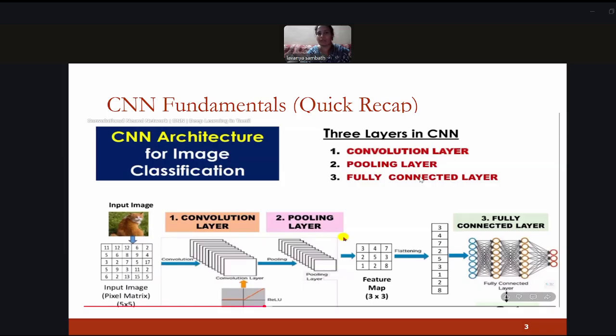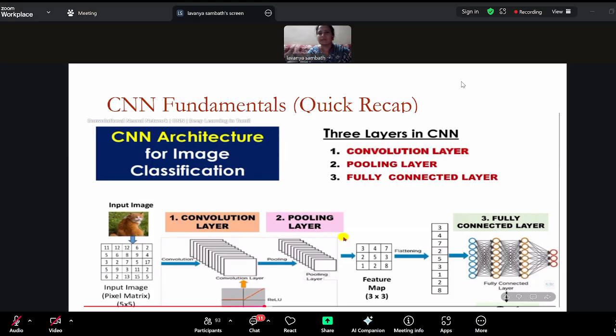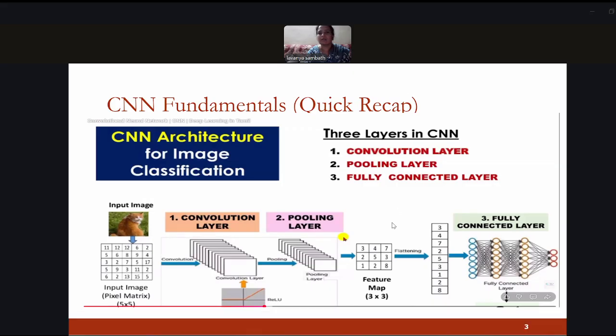How many of you are familiar with CNN? Please respond. Yes, okay.